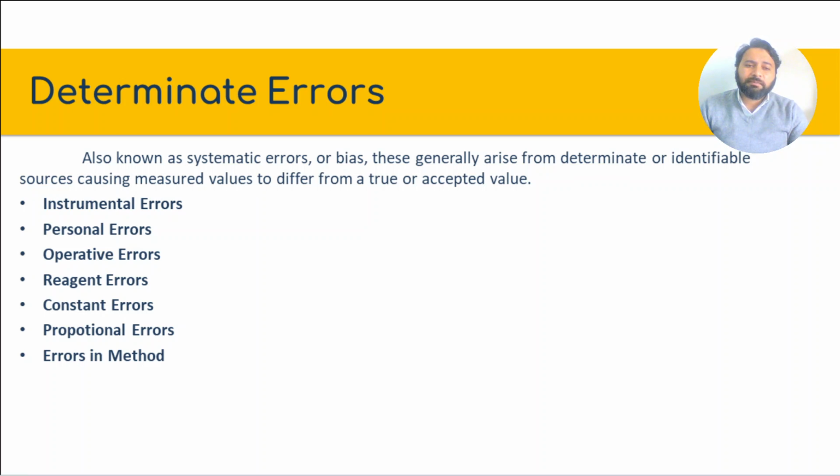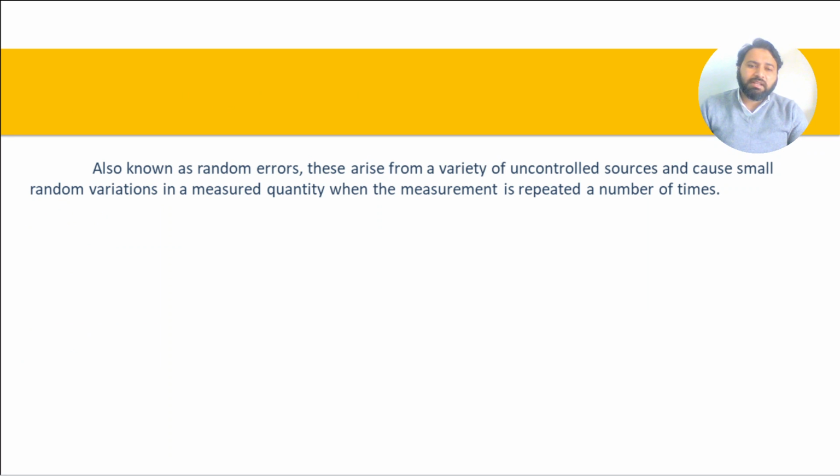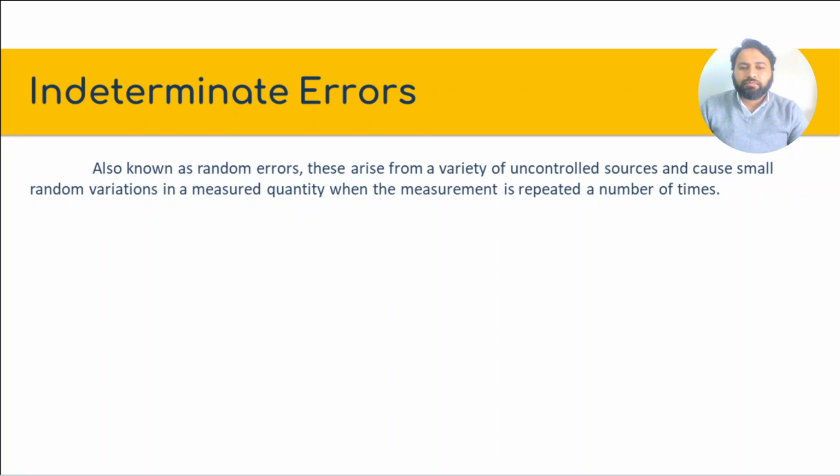Now next is indeterminate errors. These indeterminate errors are accidental, or they are random errors. They may or may not be known to the analyst. The analyst has no control over such types of errors.